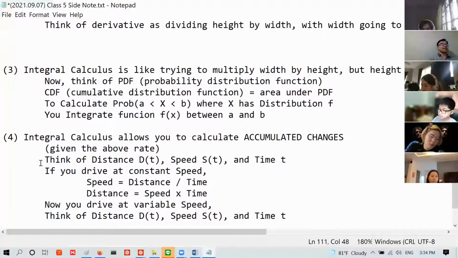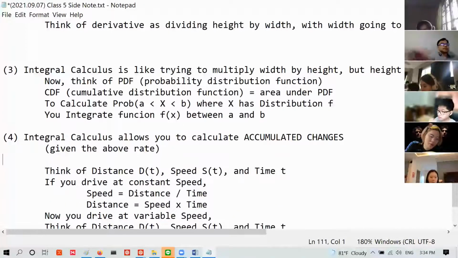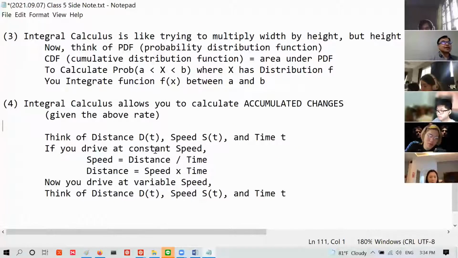If you drive at constant speed, s of t is equal to s. Speed is equal to distance divided by time. Distance is equal to speed times time.